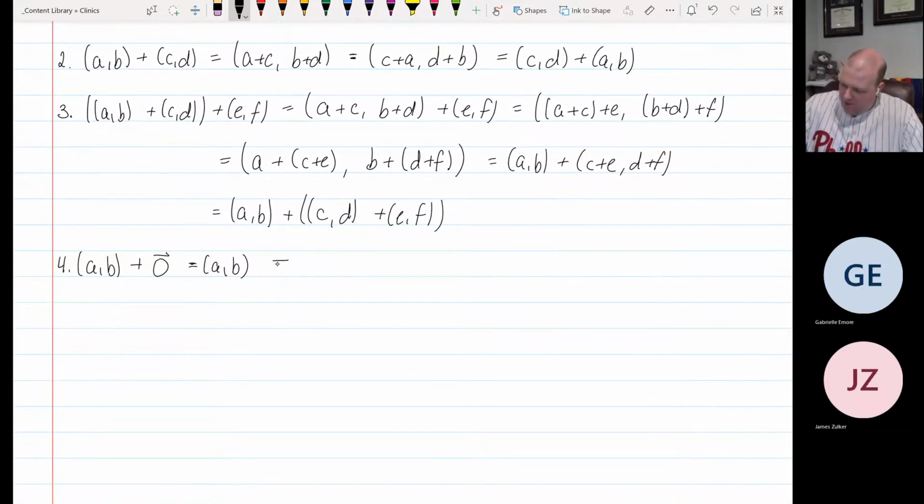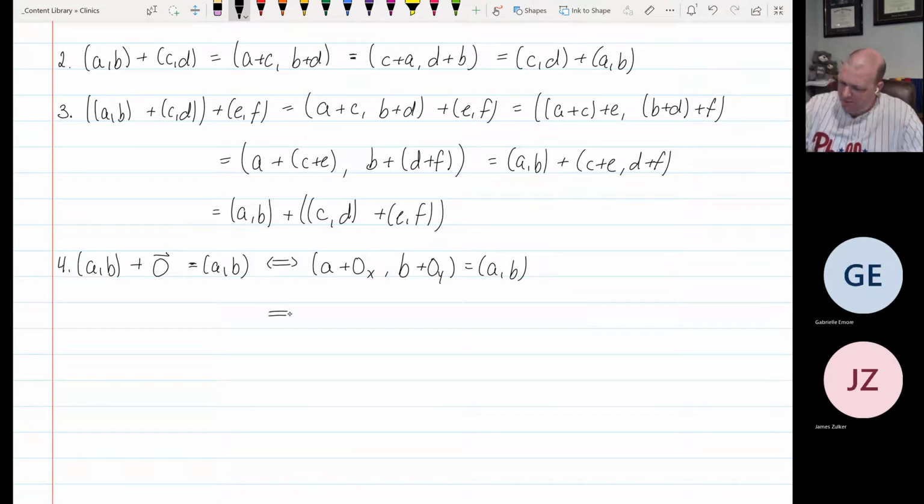Well, this is true if and only if (A plus 0 sub x, B plus 0 sub y) equals (A, B).